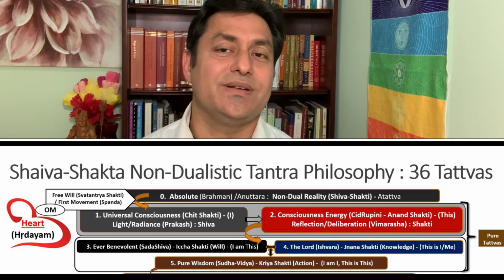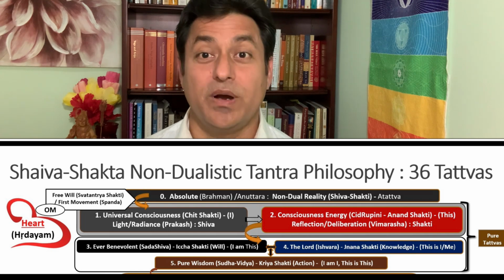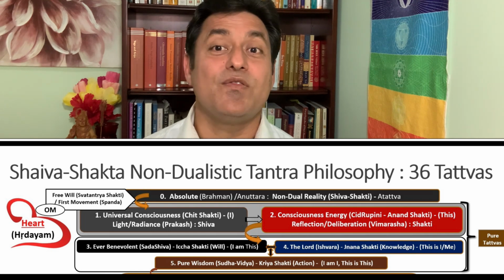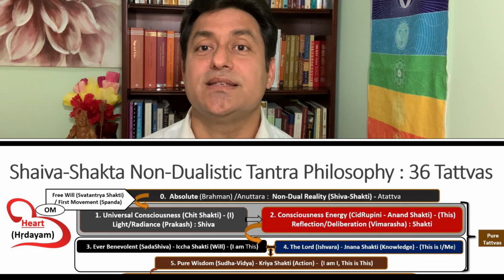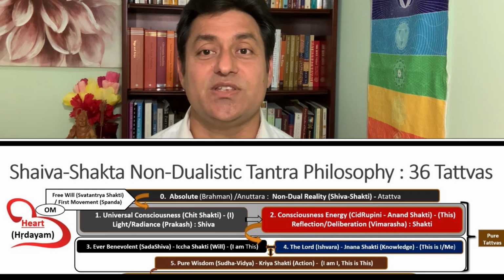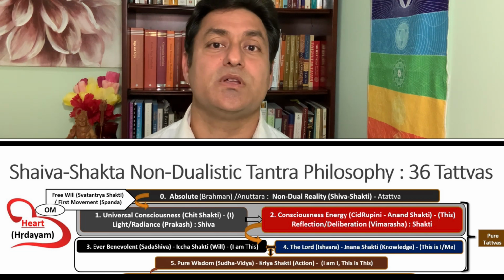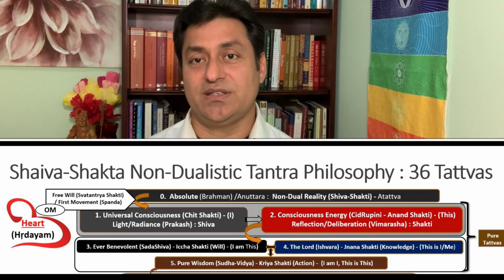Though I mentioned that Shiva and Shakti are never separate, for conceptual and philosophical understanding they are presented here as separate tattva. So in the first stage of manifestation, Shiva becomes the first element as pure universal consciousness.